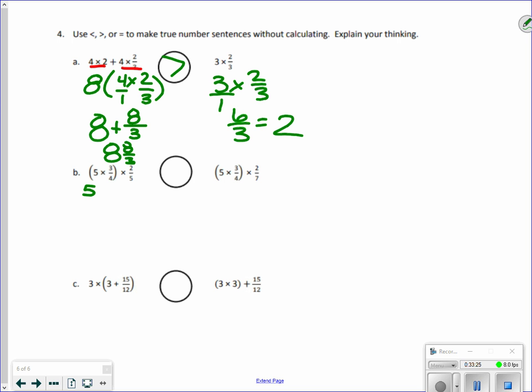5 times 3/4. That's 15 fourths times 2/5. What I'm not doing in the middle of my problem is making this a mixed fraction because you cannot, one, not listen to your teacher and worry about eraser shadings right now. You need to be listening.